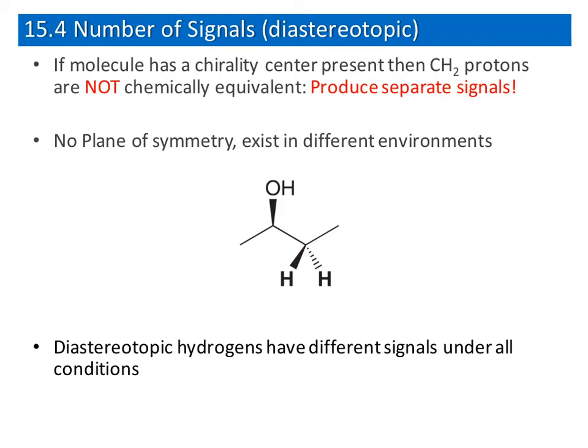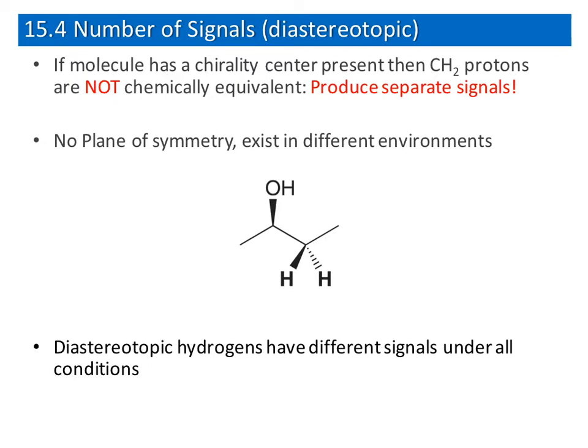And there is also a pre-existing chiral center in this molecule, so these two protons are diastereotopic. This actually makes sense because this hydrogen in wedge is closer to the OH in wedge compared to the hydrogen in dash. Therefore they have two different chemical environments and show different peaks in hydrogen NMR.